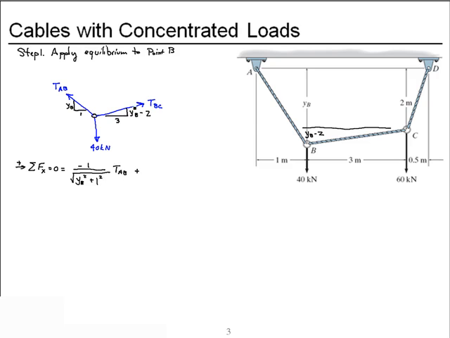We add the portion from BC, that's 3 over this hypotenuse, which is the square root of YB minus 2 squared plus 3 squared.